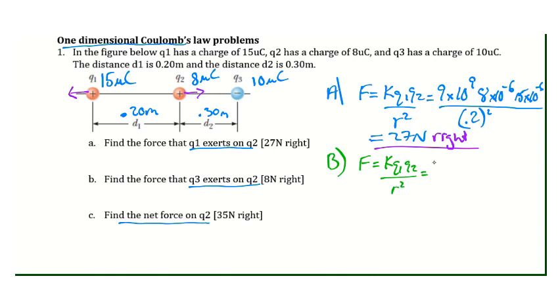Now the reason I set it up with Q2 as the first charge in the last one is this. You'll notice 9 times 10 to the 9, oh, that's the same. The next thing is the charge of Q2, which was 8 times 10 to the negative 6. And the next thing, in this case, we're looking at charge 3, which is 10 times 10 to the negative 6, all over, now, how far apart are charge 2 and charge 3?